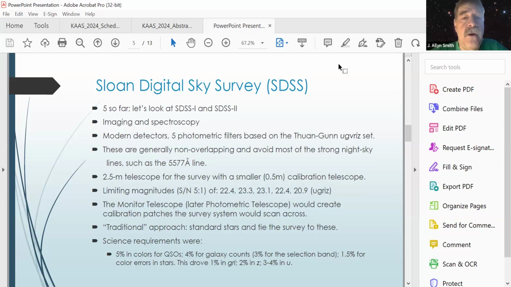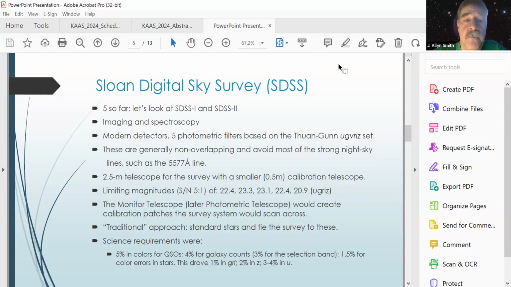Generally, the filters are non-overlapping, and they were designed to avoid the strong night sky lines, such as the 5577 angstrom line. This actually saves us something like 50% of the background noise in each of the images in the filters. So we've already started working on the calibration before we even take the data off the telescope.